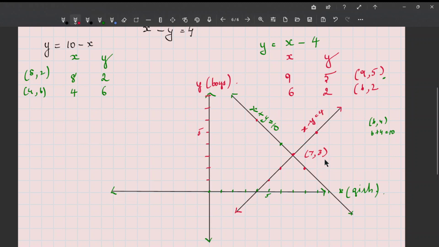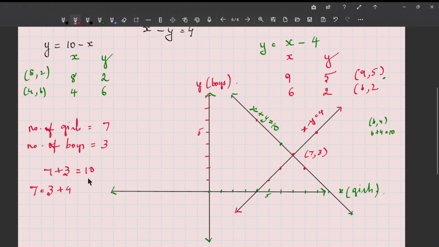So now this is a solution, and we can finally conclude that the number of girls who participated was 7 and the number of boys who participated was 3. See, both the conditions are satisfied because the sum of the students, girls and boys, is 10, and the number of girls, that is 7, is equal to the number of boys plus 4, which was our second condition.